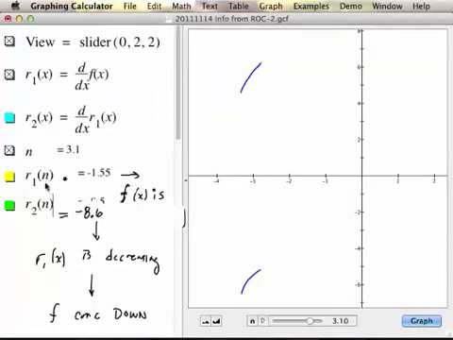Now R1 of n is negative 1.55. Function F is decreasing. So what do we have? Our original function F is decreasing and concave down at 3.1.